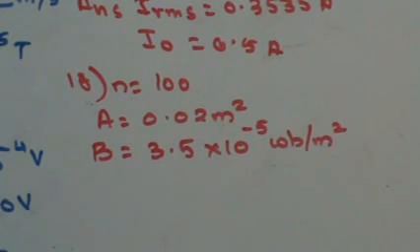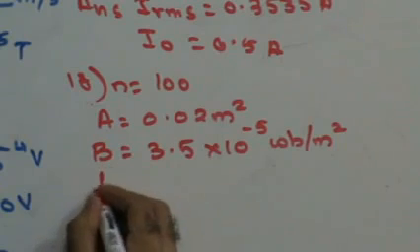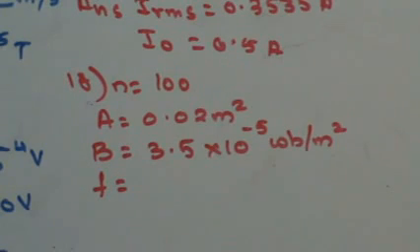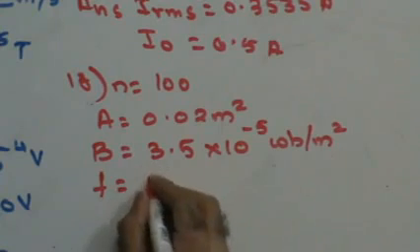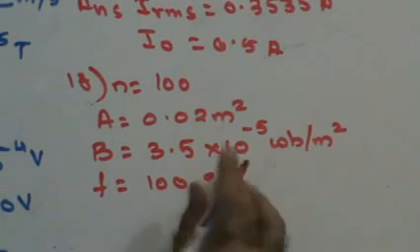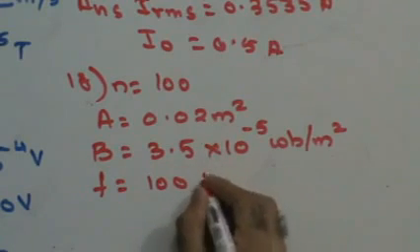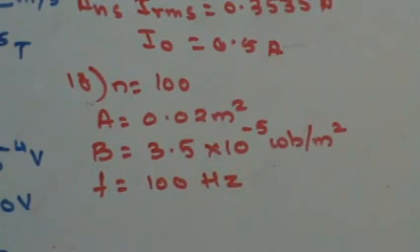Calculate the maximum EMF induced in the coil if the number of revolutions are 100 per second.